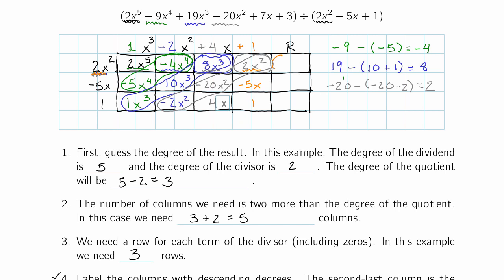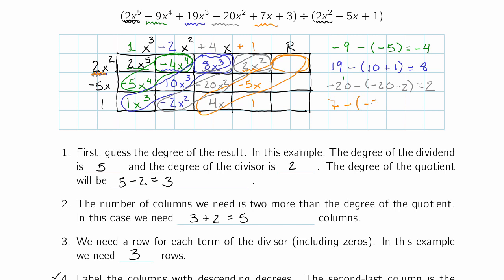The very last empty box in the top row is in the remainder column now, but the diagonals still need to add up. I have x terms along this diagonal. My x term is going to be 7x. So I need a 7.